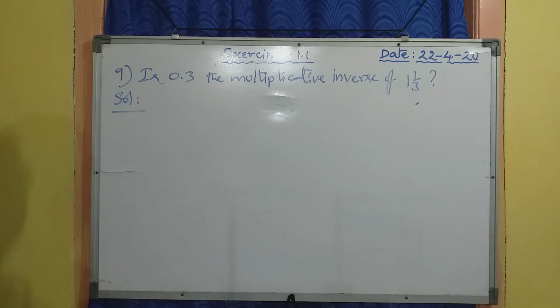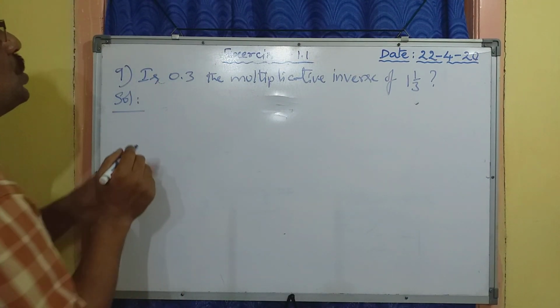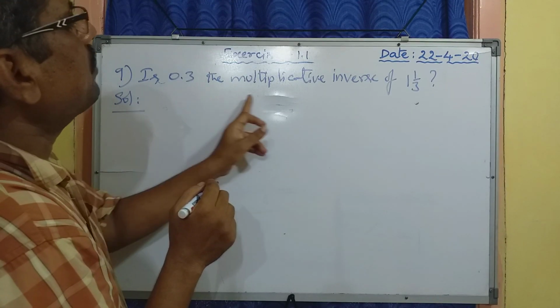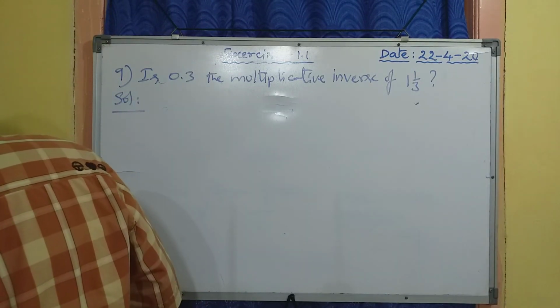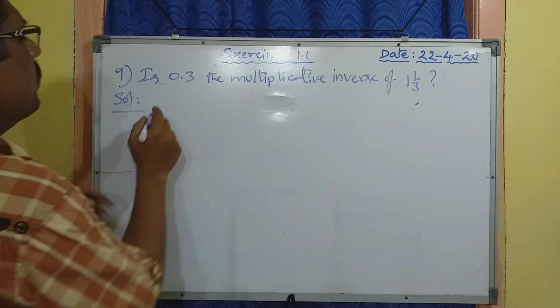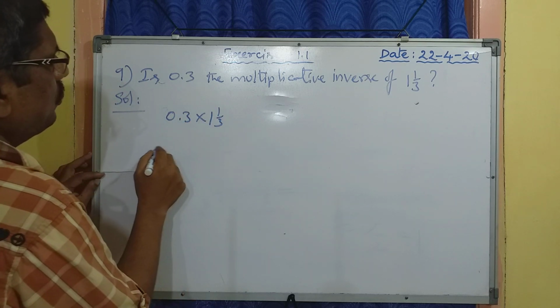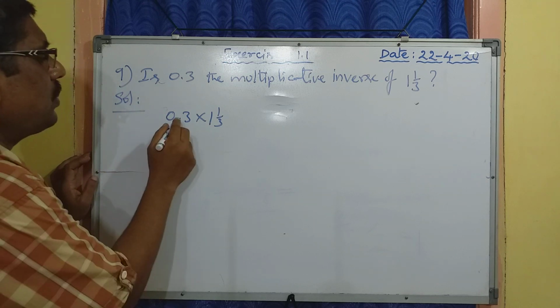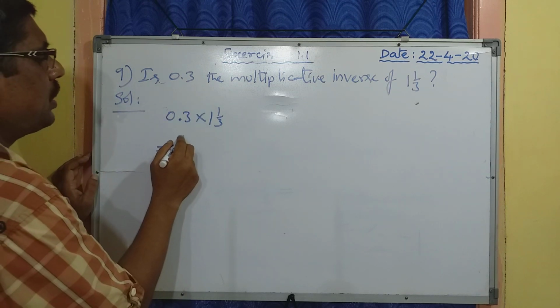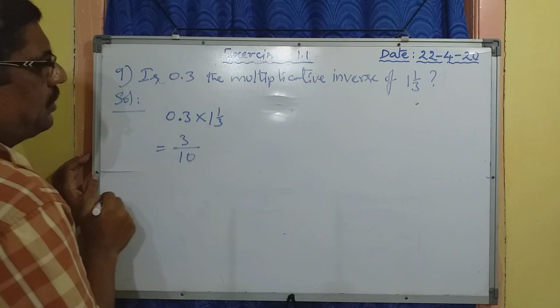In the same way, we can check whether 0.3 is the multiplicative inverse of 3 1 by 3 or not. Let us multiply these two: 0.3 into 3 1 by 3. So what is 0.3? After the decimal point there is one digit, so we can write 3 by 10.